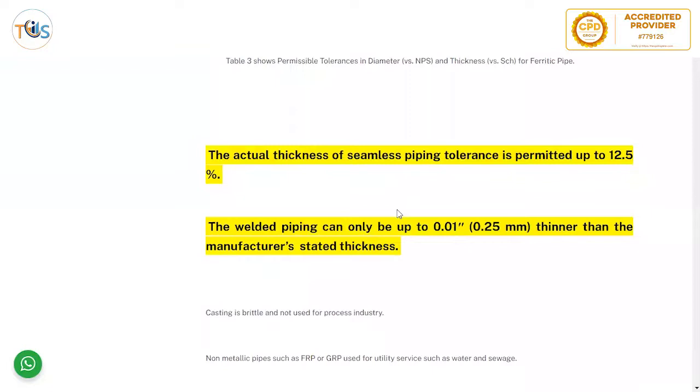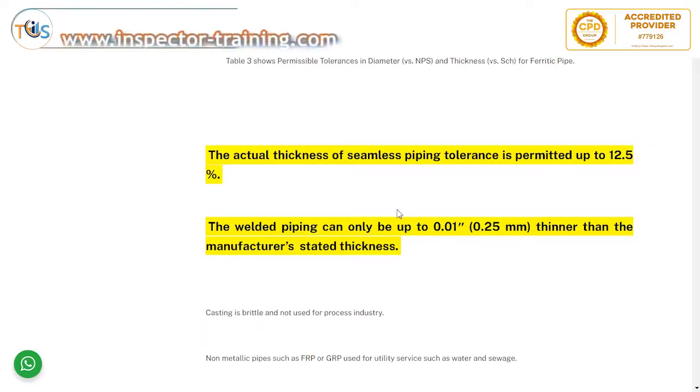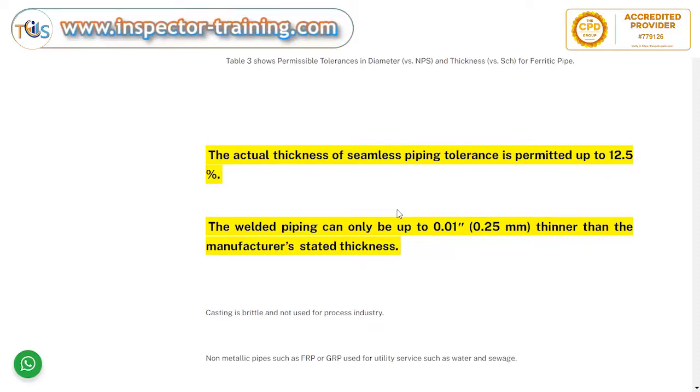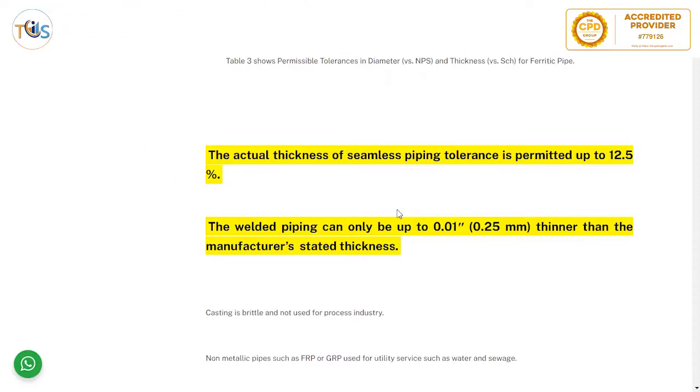For the actual thickness of seamless piping, a tolerance of up to 12.5% is permitted. You can see this wide tolerance is because of the manufacturing technique, drawing, normally used. It's seamless, it's just one piece. So there is a wide tolerance here, 12.5%.